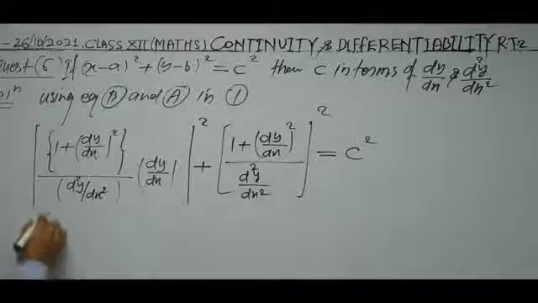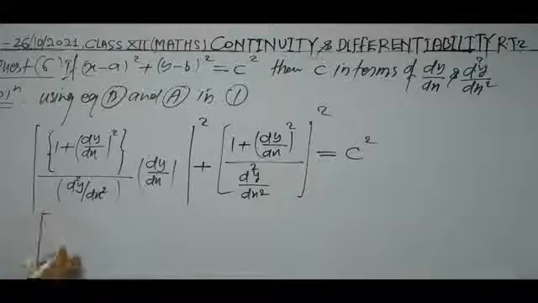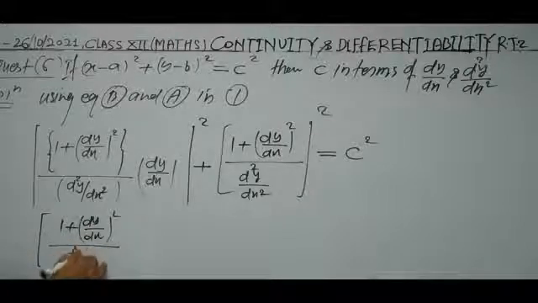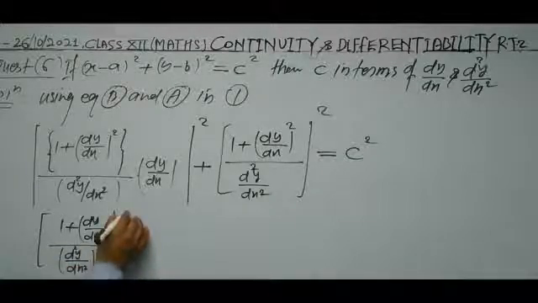So 1 plus (dy by dx) whole square whole upon (d2y by dx2) whole square we have taken common.